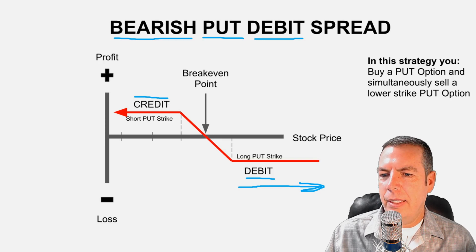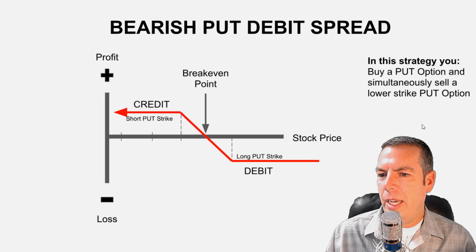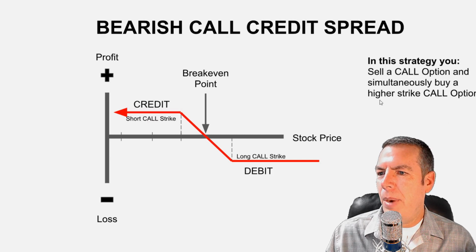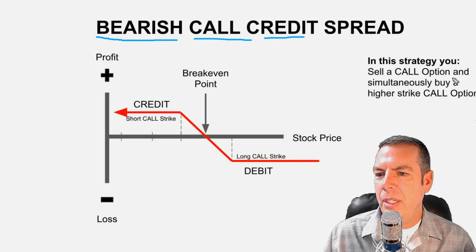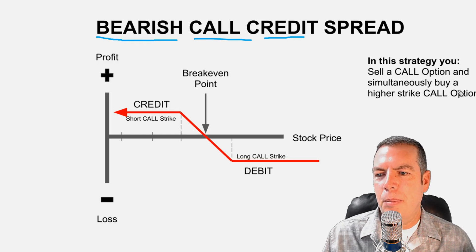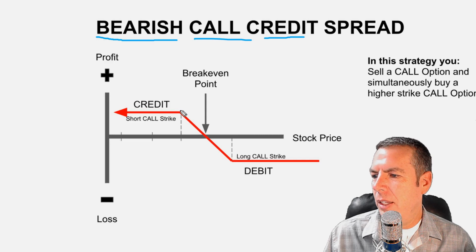All right, let's take a look now at what we've got up next. We're going to look at a bearish call credit spread. On a bearish call credit spread, this is going to be a bearish play on the call side, and we're going to receive a credit for this. So we're going to sell a call option, and we're going to simultaneously buy a higher strike call option. In this case, we're going to sell the lower strike, and we're going to buy the higher strike for protection.